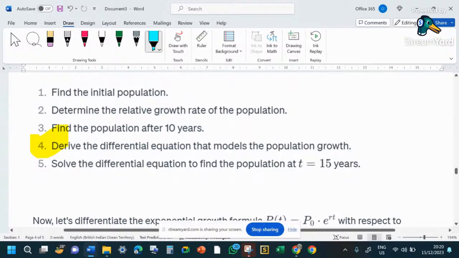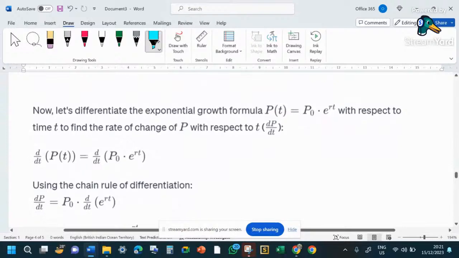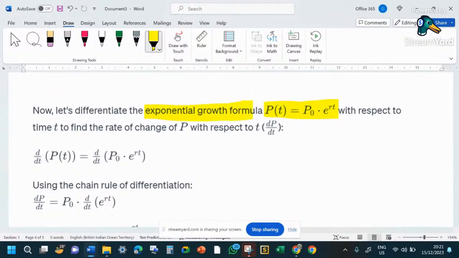Derive the differential equation that models the population growth. Okay, so this is the population growth formula, or exponential growth formula. The exponential growth formula: P of t is equal to P initial times e raised to rt.